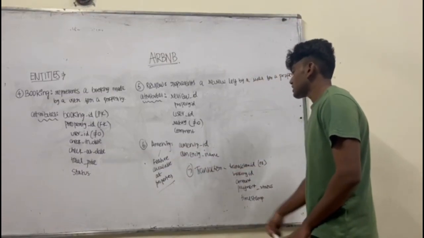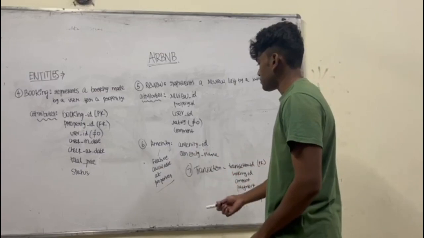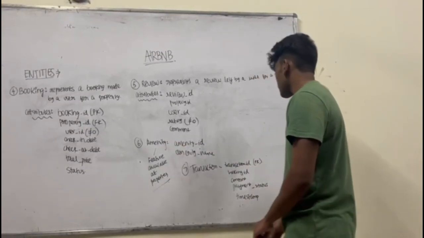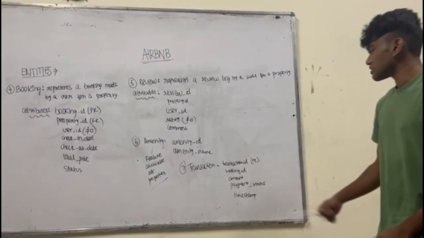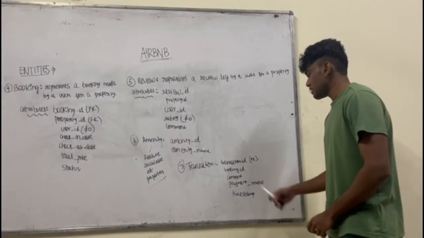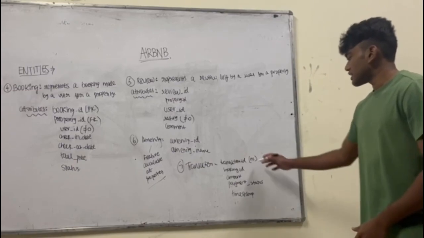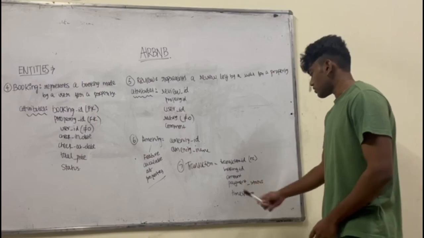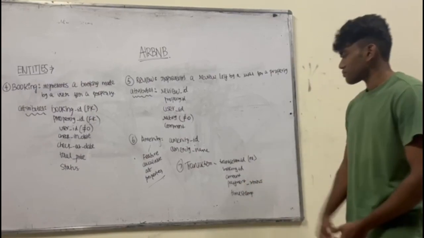We have the amenity ID, amenity name, and then features available in properties. Then we have the transaction ID, which is the primary key, and also we have a booking ID, amount, payment status, and timestamp.